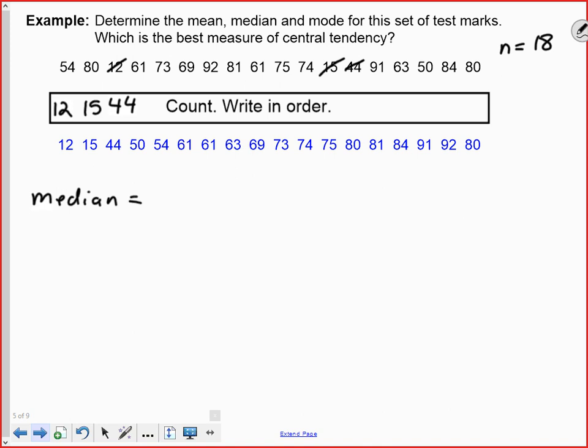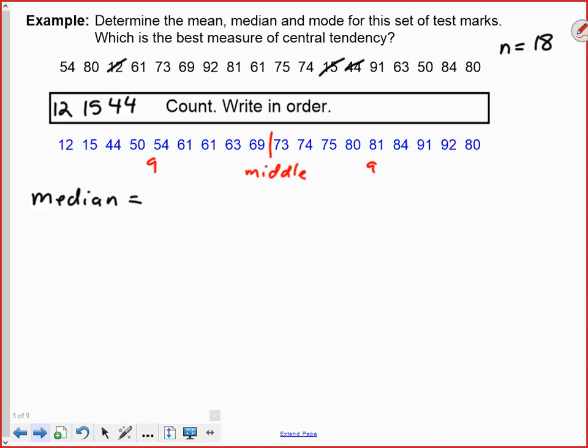So our median is the middle value when this is written in order. So if we've got 18, the middle of a list of 18 numbers is the ninth one. So 1, 2, 3, 4, 5, 6, 7, 8, 9. Then 1, 2, 3, 4, 5, 6, 7, 8, 9. So there are 9 numbers over here, and there are 9 numbers over here. So this right here is the middle of our data set.